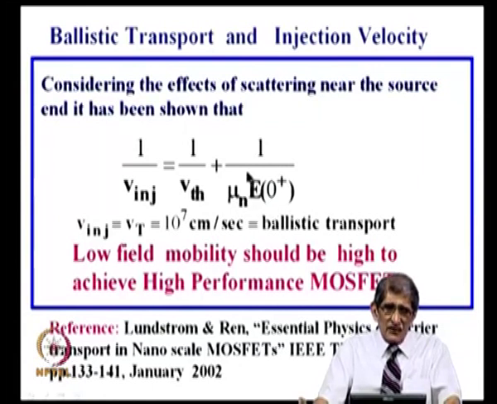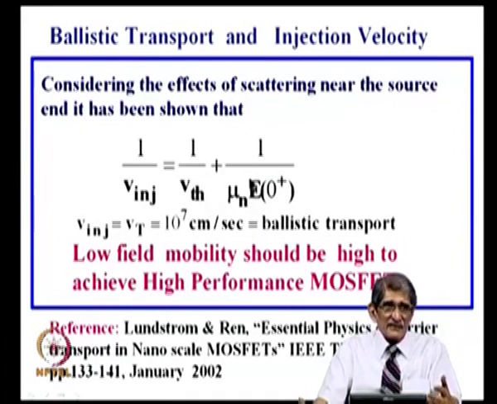the velocity of the electrons is controlled at that point by a combination of this injection velocity or thermal velocity and the velocity with which it moves, that is mobility into the electric field. Velocity is mobility into the electric field, that is the low field. The electric field is not high at the source end, electric field is high only at the drain end.